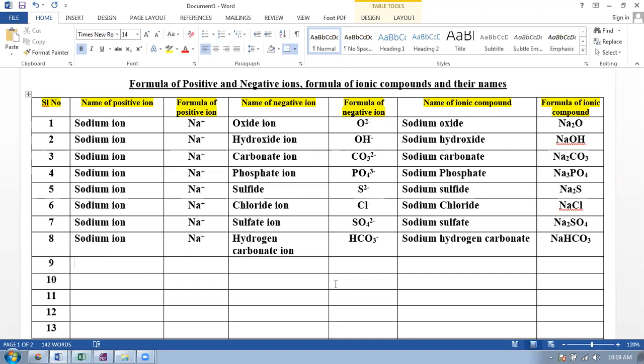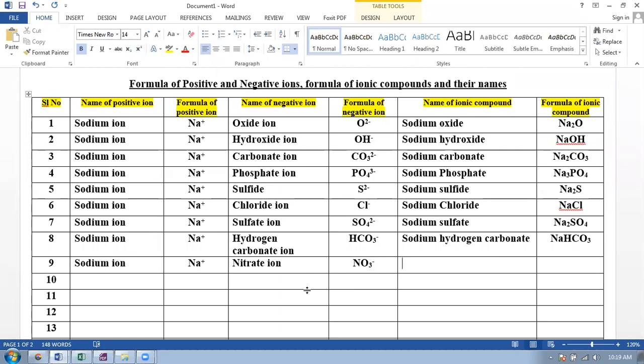There are more negative ions, definitely. Nitrate ion, you can consider nitrate ion. Nitrate ion is NO3 minus. These are simple really.